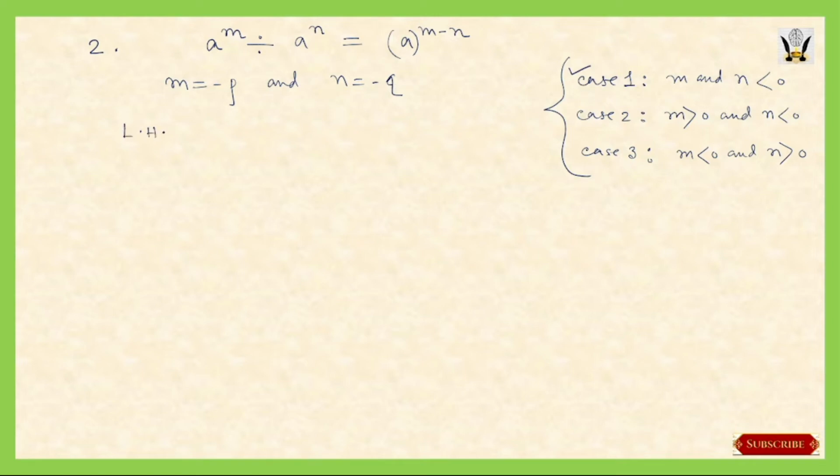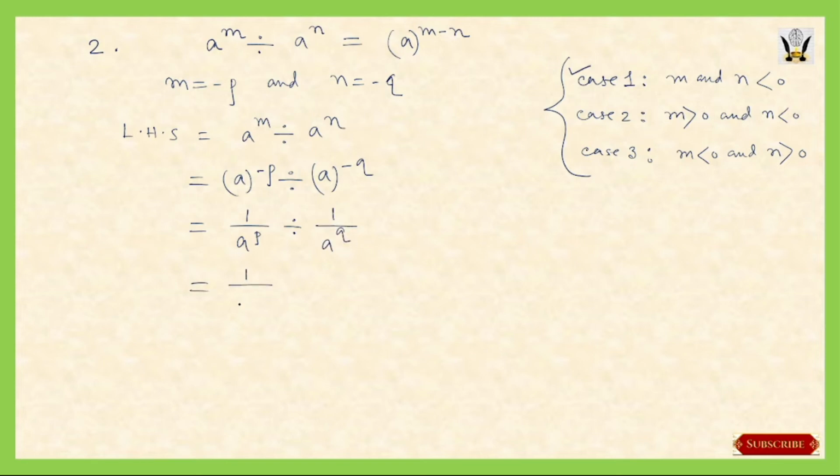On the left hand side we have a to the power m divided by a to the power n. So it will be a to the power minus p, then divided by a to the power minus q. Now since both have negative exponents, the first one will be expressed as 1 by a to the power p, then divided by 1 by a to the power q.